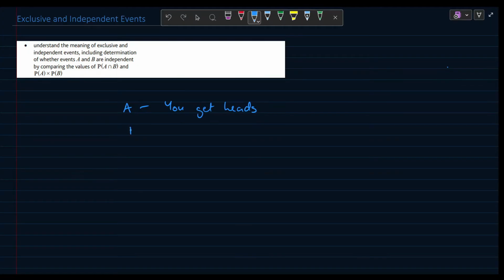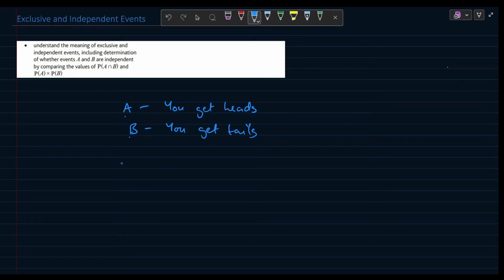And we can define event B as you flip the coin and you get tails instead. Events A and B are mutually exclusive because there is no way that you can flip a coin and get heads and tails at the same time. And so this makes these two events mutually exclusive.